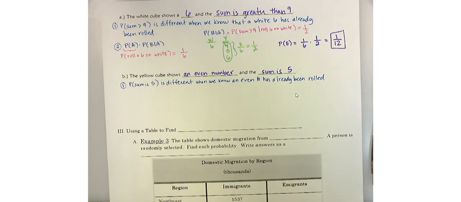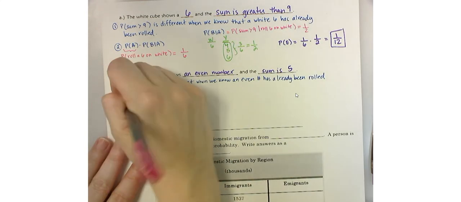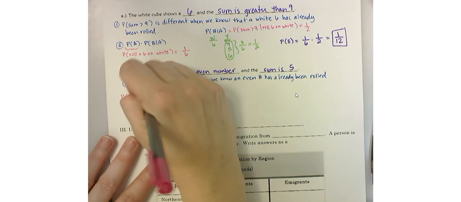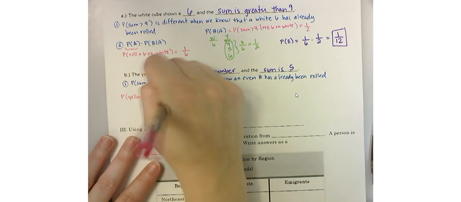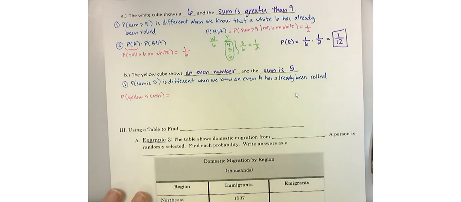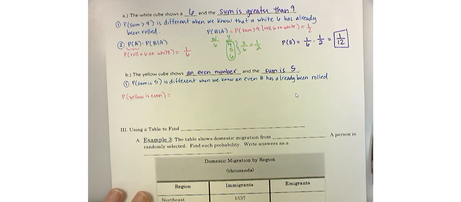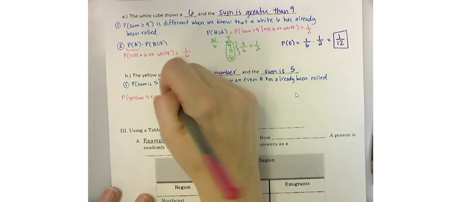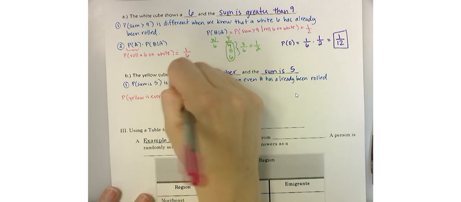Okay, so 3 out of 6, 1 out of 2. Now that one's a little bit easier, but if you ever are unsure, you can always list out the situation. So the total outcomes would be rolling a 1, a 2, a 3, a 4, a 5, a 6. The favorable would be a 2, 4, or 6. That's where we're getting the 3 over 6 from.